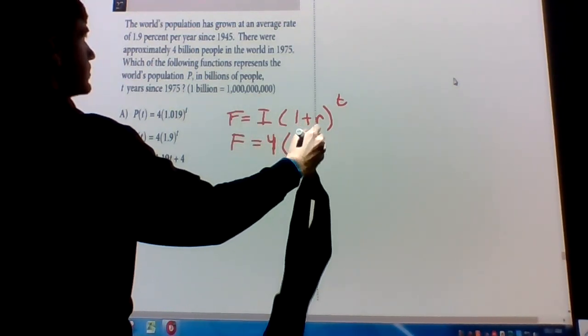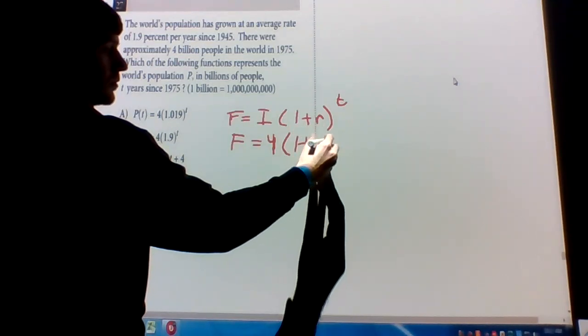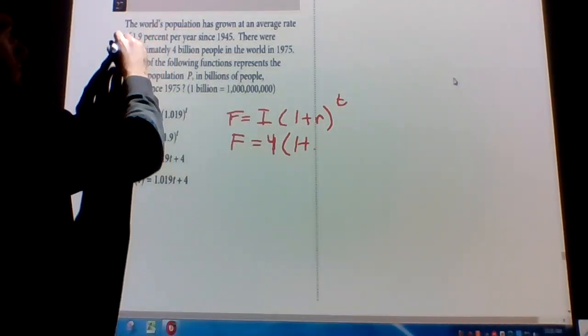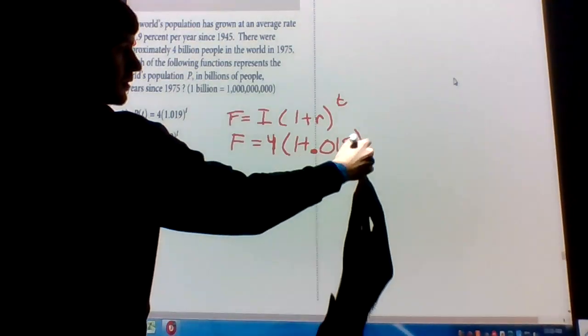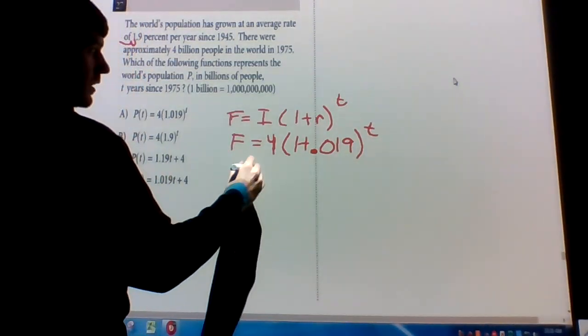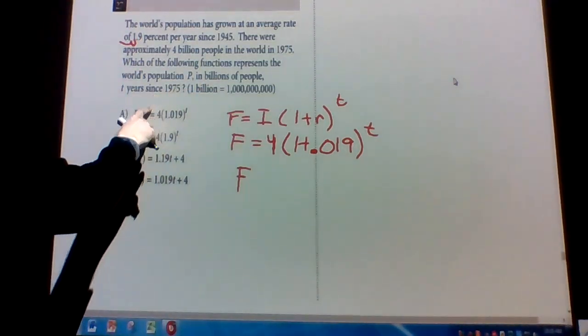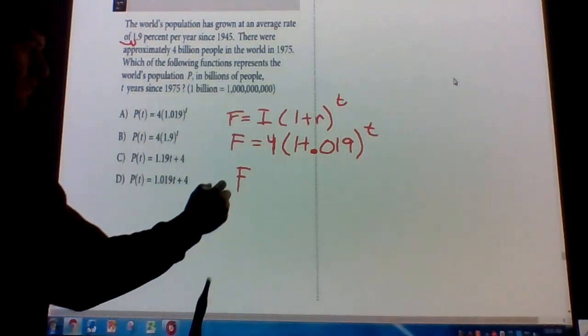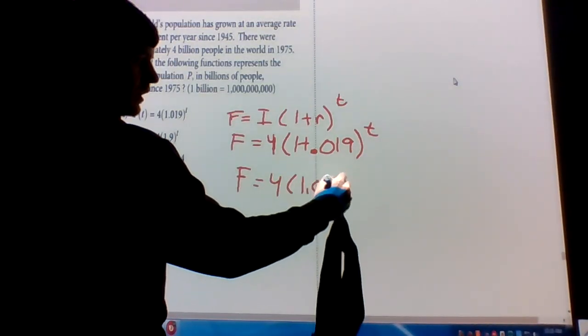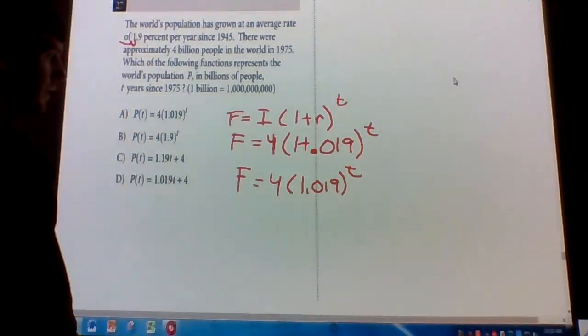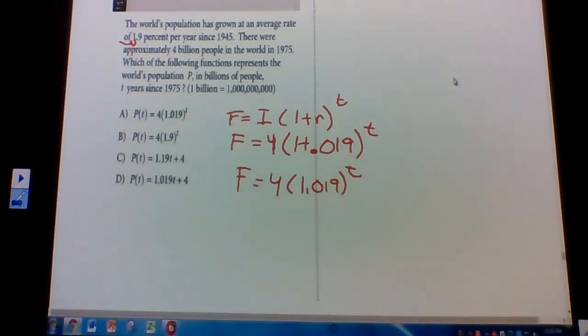Our rate is 1.9%, so you got to move the decimal over twice. So that's 0.019 to the T. Okay, and we want to know T years after. Yep, so our final is going to be 4 times 1.019 to the T. So it should be A. Yes, A.